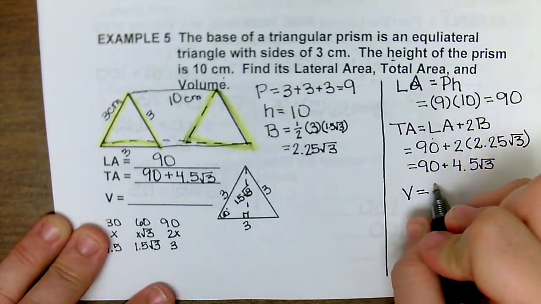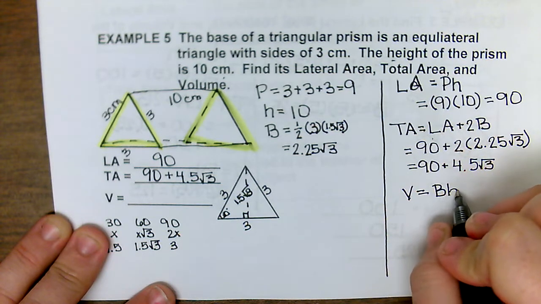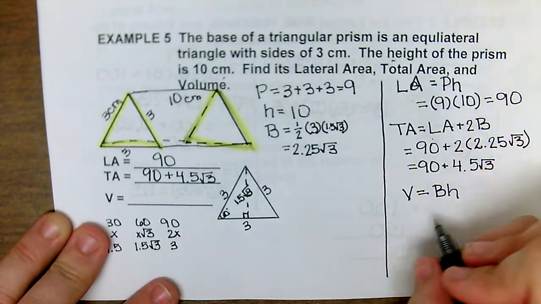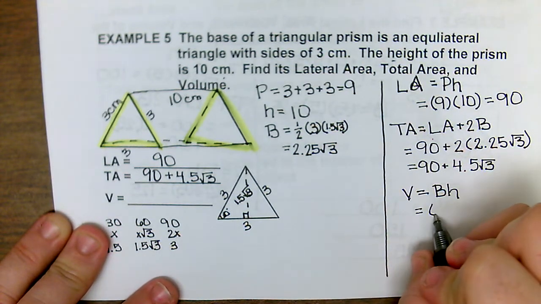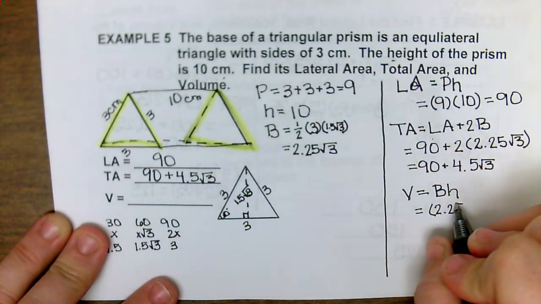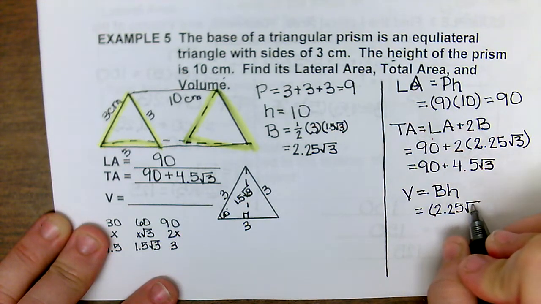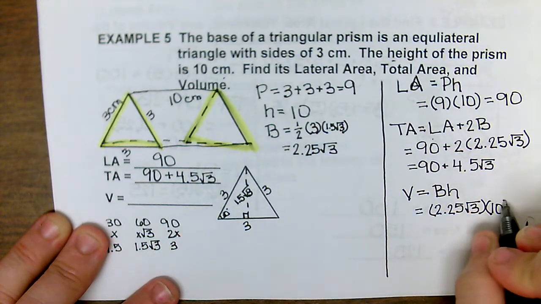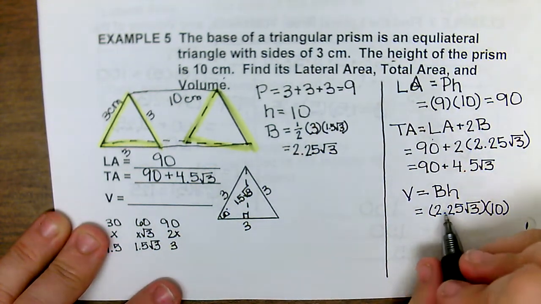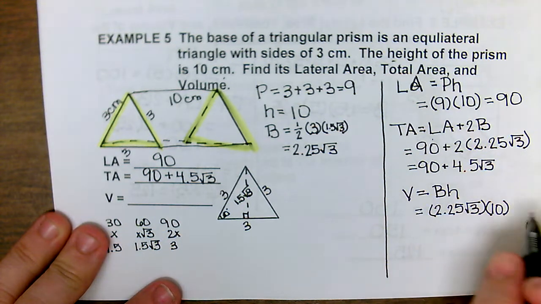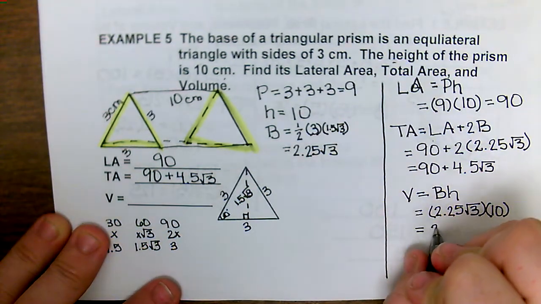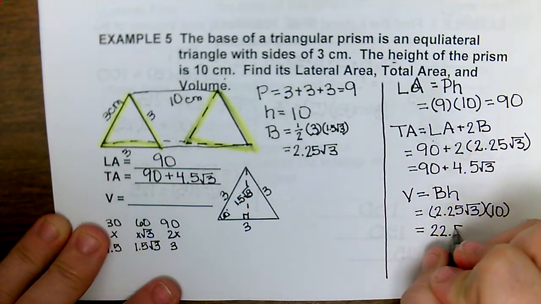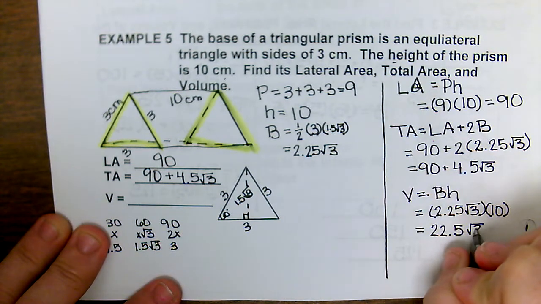Volume. Area of the base times the height of the prism. Area of the base is 2.25 square root of 3 times the height of the prism, which is 10. So 2.25 times 10 is 22.5 square root of 3.